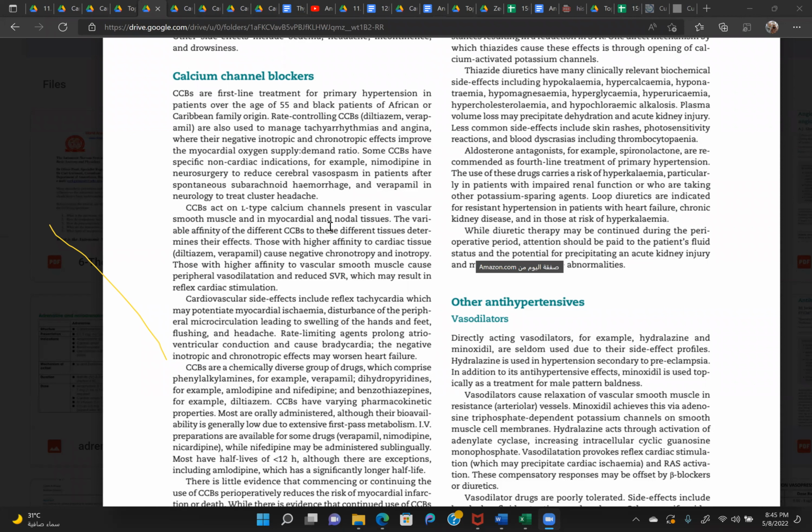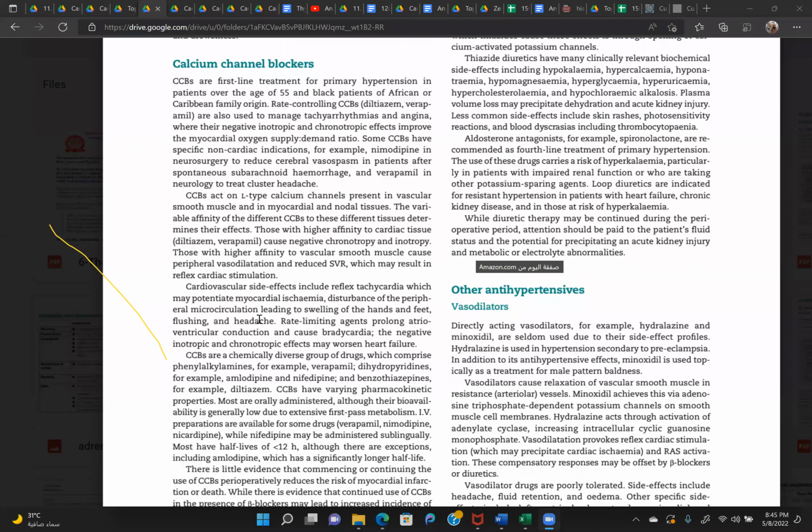Whenever you are using a calcium channel blocker, you should expect reflex tachycardia. This will be less with diltiazem because it has an effect on both the heart and the peripheral vasculature.